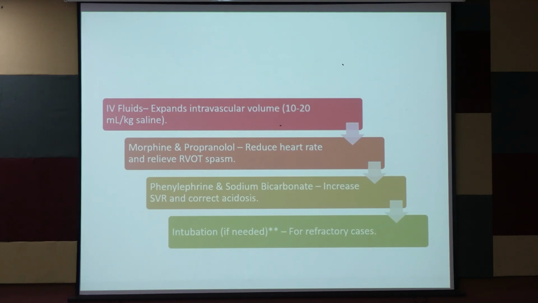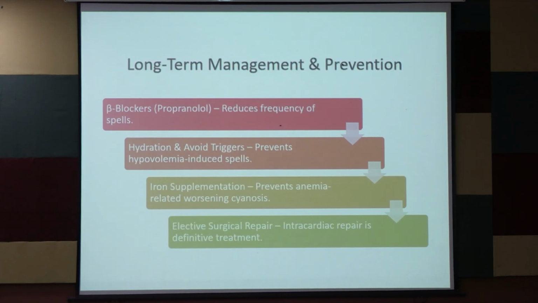In refractory cases, sometimes it is needed to give mechanical ventilation or intubation, and in some cases you need surgery, temporary shunting. For long-term management, you should continue the beta blocker, iron therapy should be continued, and definitely surgery is the treatment of choice.